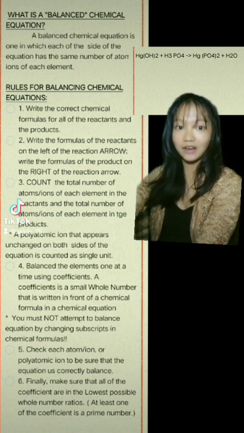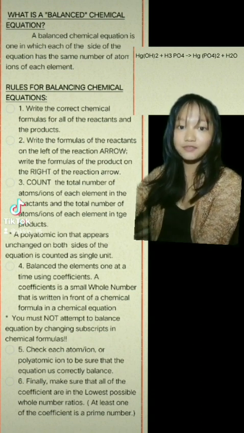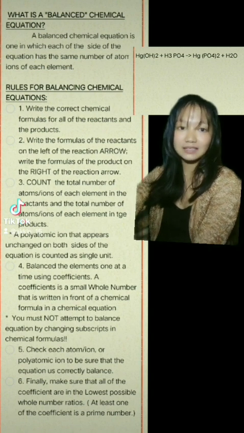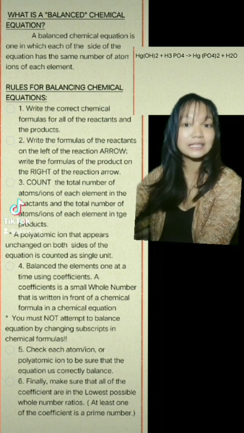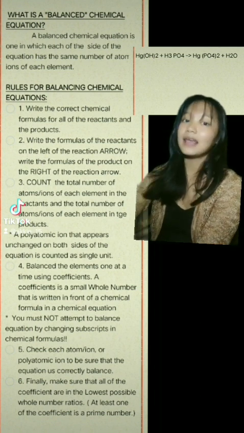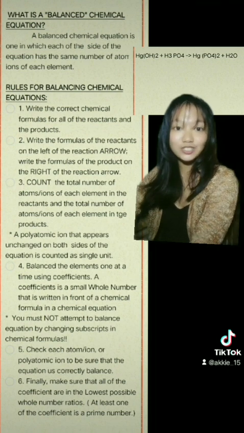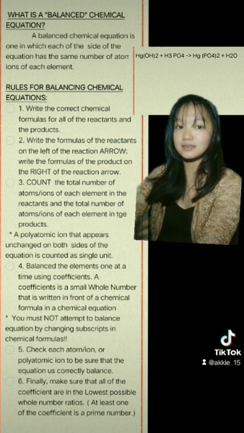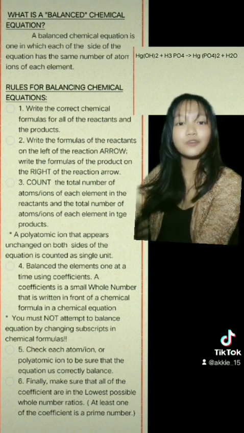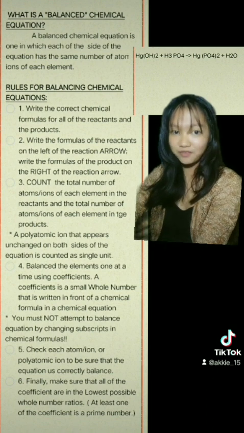Number three, count the total number of atoms or ions of each element on the reactant side and on the product side. Let us remember that a polyatomic ion that appears unchanged on both sides of the equation is counted as a single unit. Number four, balance the elements one at a time using coefficients.